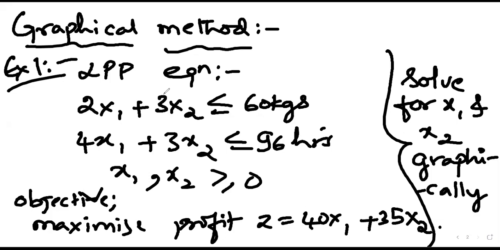For any organization, it is a very important decision how many products they are supposed to manufacture with the available resources. Once the number of products to be manufactured is decided, profit calculation can be done.